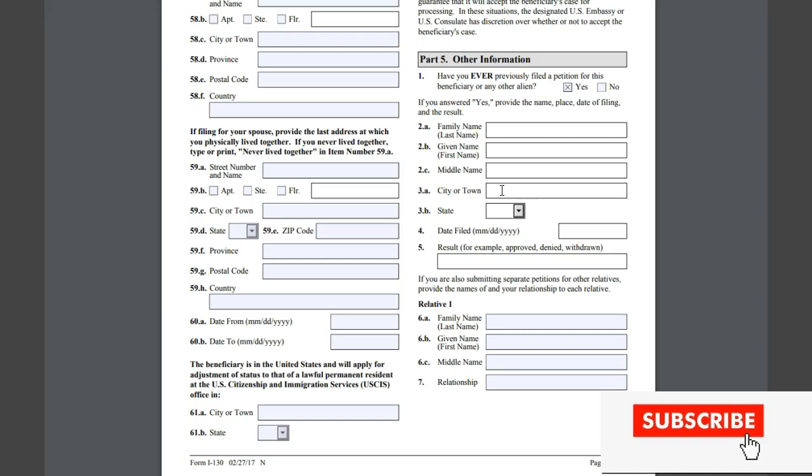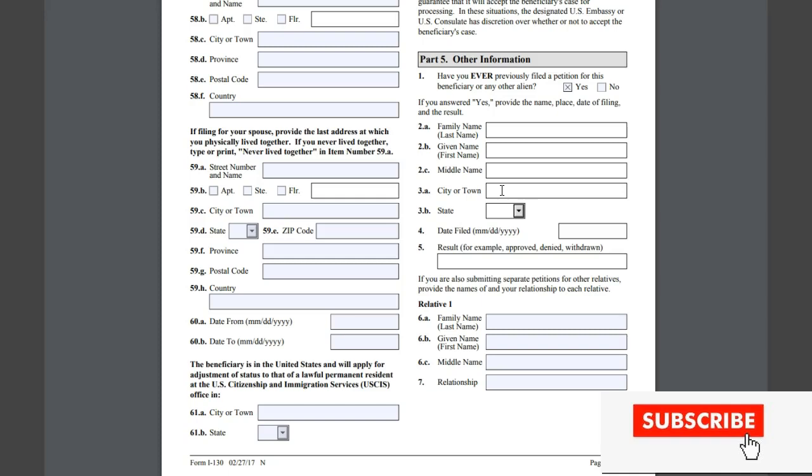For example, in Florida, if you were living near Tampa, there is a USCIS office in Tampa. That means you filed it at USCIS Tampa. So it depends. They're talking about the town you were in when you filed the petition for this person.